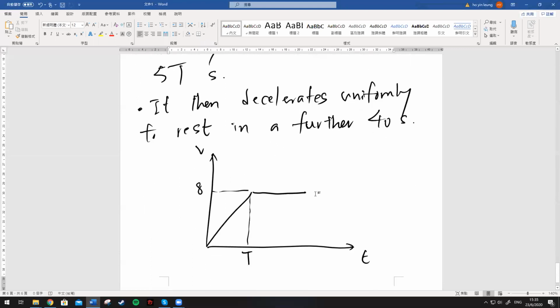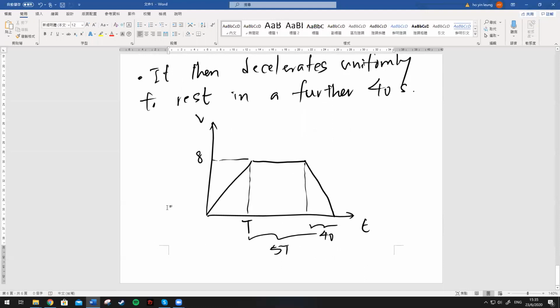This is 5t seconds here, and then it decelerates uniformly in a further 40 seconds. So this is 40. That's the velocity time graph, so that's part A.